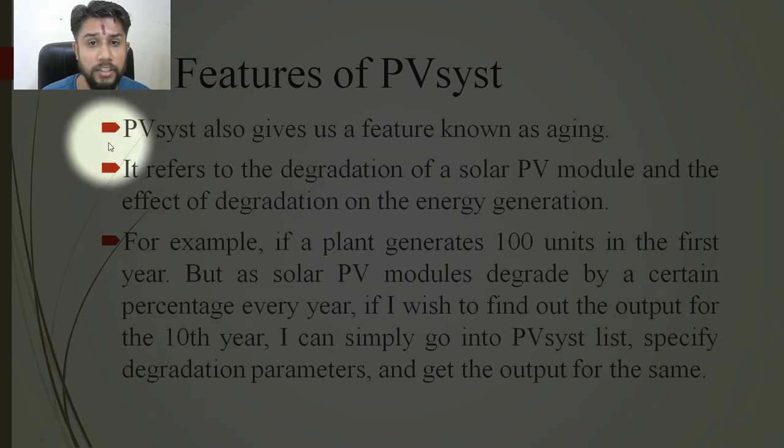It also gives the feature of aging, with the help of which we can find out the amount of degradation of a solar PV module after some amount of time. So if you want to find out the degradation of your installed solar power plant after 5 years, you can enter the percentage degradation in this, and after 5 years you can find out the degradation of generation.